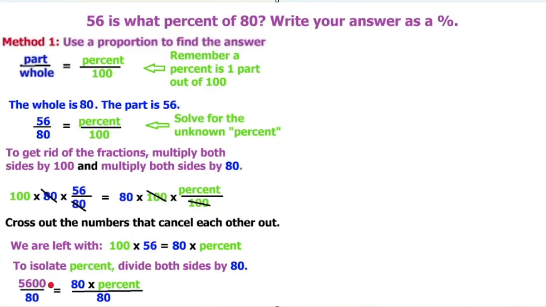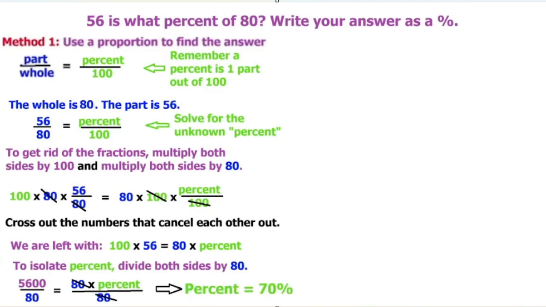Now we divide both sides by 80, okay? And now we're going to cross out what cancels each other out. And the 80s cancel each other out. So what we're left with is percent equals 70, 70%, okay?